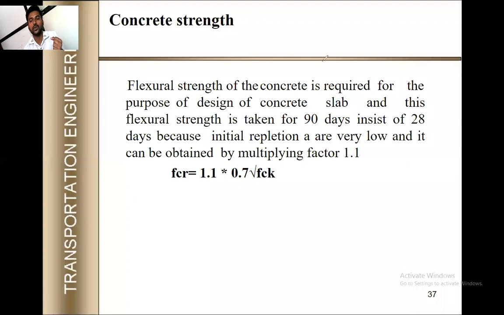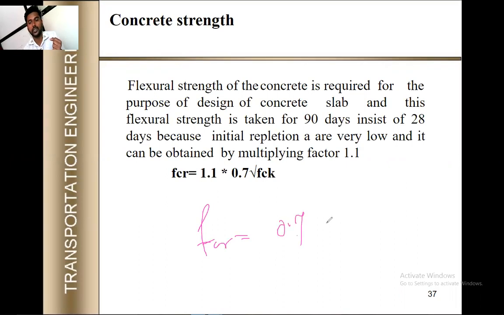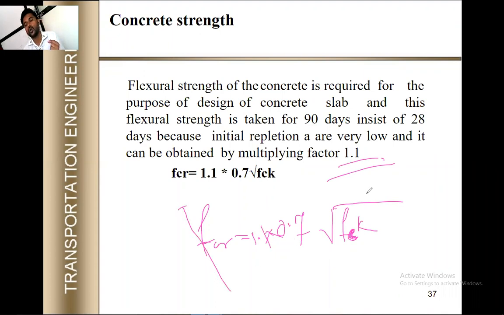In concrete, you might have learned that the flexural strength is calculated by the formula 0.7 root fck, where fck is the characteristic compressive strength. But here we take a multiplying factor of 1.1 for the factor of safety.